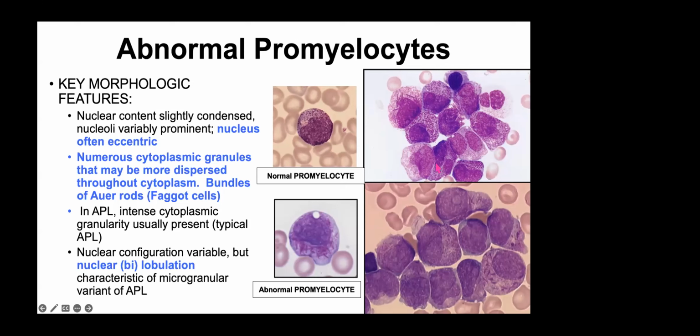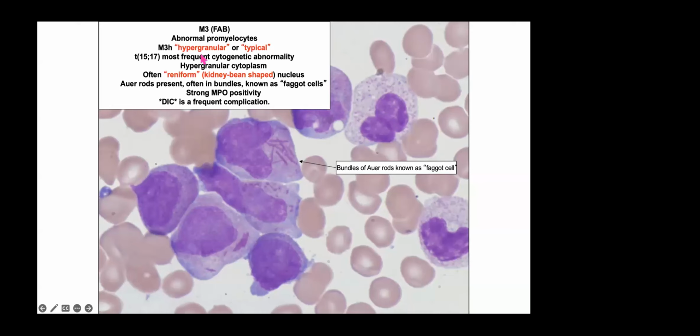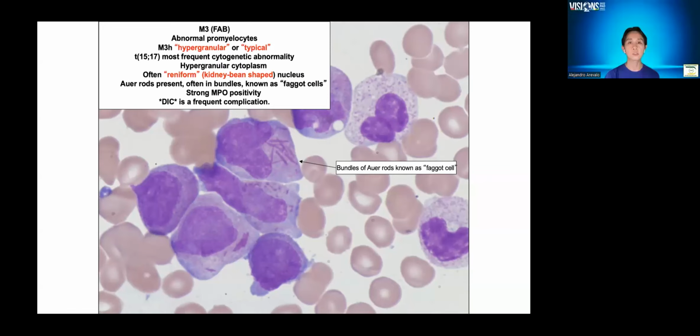And in some variants, particularly the microgranular variant, they will have this characteristic nuclear bilobation. So this is the typical hypergranular variant, and oftentimes they are associated with a specific translocation known as the 15;17 translocation. Now, the complication of M3-AML would be disseminated intravascular coagulation.